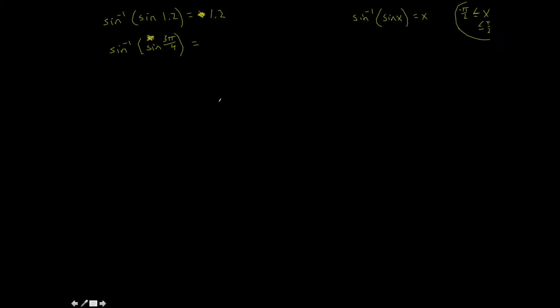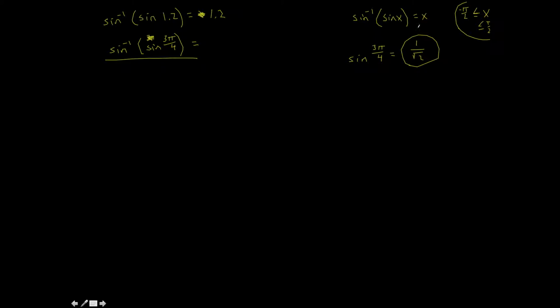Now we know that the sine of 3 pi over 4 is equal to 1 over the square root of 2, or square root of 2 over 2. So the inverse sine of the sine of 3 pi over 4 is the number in this interval, in negative pi over 2 to pi over 2, with the sine equal to this.